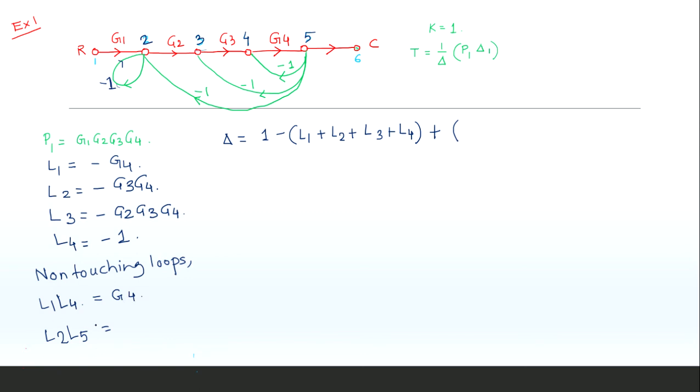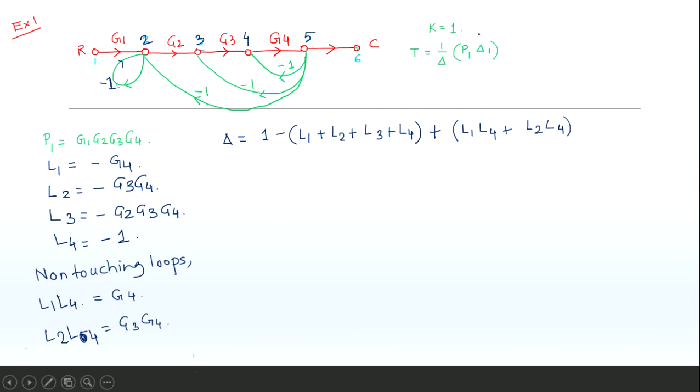And if I take L2 and L4, I get minus G3 G4 into minus 1, that means it will be G3 G4. We can observe that there are no more non-touching loops present, two or three, whatever. So we can complete our delta in this way, with L1 L4 plus L2 L4. So this is the complete delta for this particular graph.